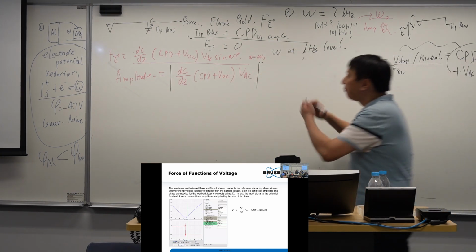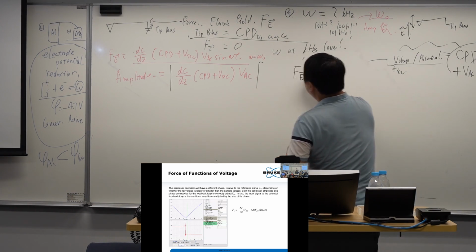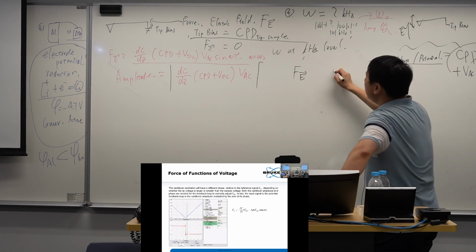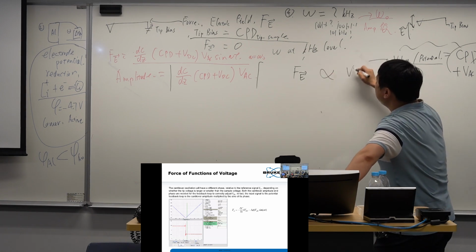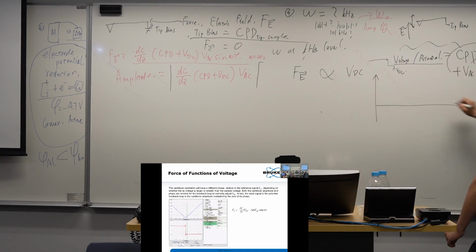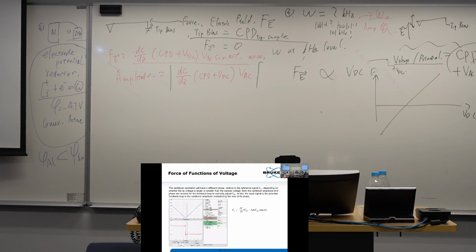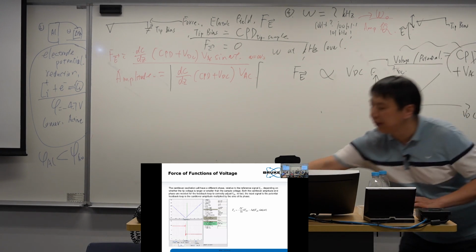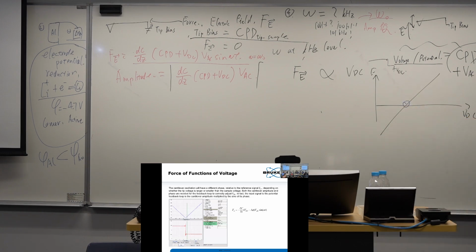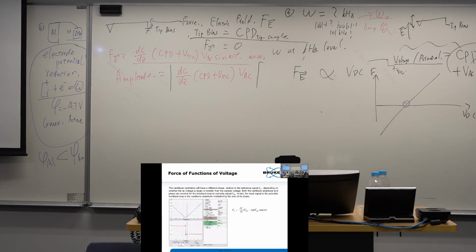So in our idea, the electric field force is proportional to VDC. That means the force versus VDC should look something like this. And we want to find this point, at this value the electric field force equals 0. That's KPFM.